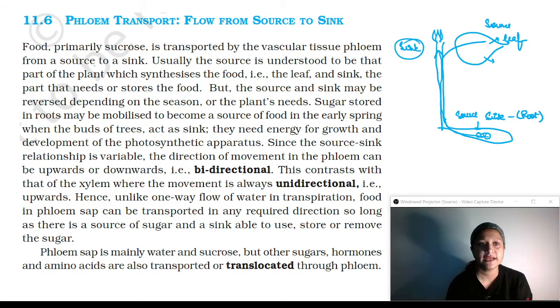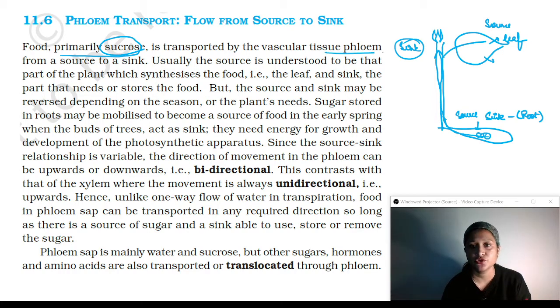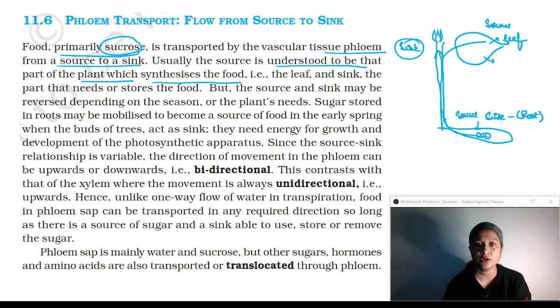Okay, let's read now. So food is primarily sucrose, this is important कि जो sucrose है that is transported. Food बनता है glucose के form में, but sucrose के form में, sucrose is a disaccharide, glucose मिलकर sucrose बनाते हैं. तो food is actually transported in the form of sucrose through the tissue phloem from source to sink. The source is understood to be that part of the plant which synthesizes the food. Source is that part which is actually synthesizing the food, that is the leaf.